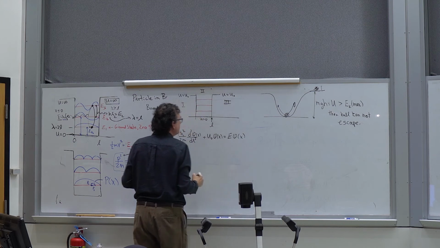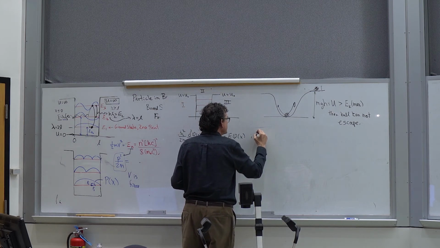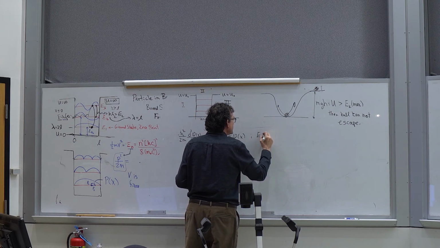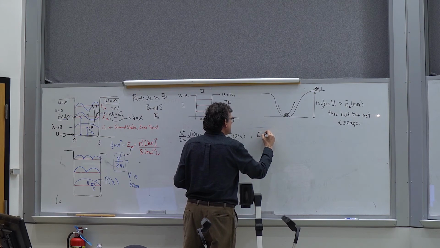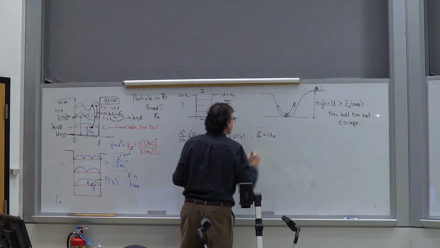And I want bound solutions. So bound solutions means that E, which is the kinetic energy, of course, in the box, E is less than U0. Right?